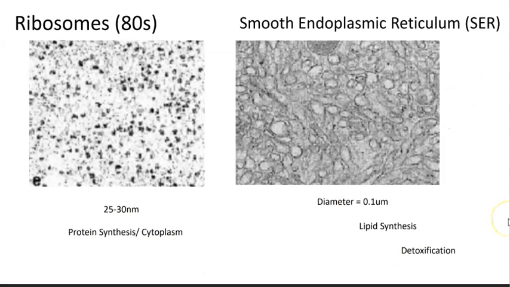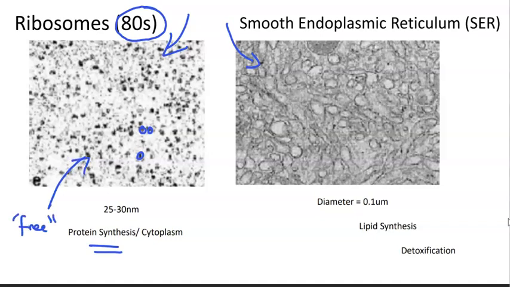Contrast that with smooth endoplasmic reticulum here and free ribosomes here. So this is a different situation. These ribosomes are in eukaryotic cells, so they are much larger than the prokaryotic 70S. These are 80S ribosomes. Each of these dots is referring to a ribosome where we get protein synthesis. Now, if the ribosomes are free, we use the phrase free to mean that they are not attached to endoplasmic reticulum.